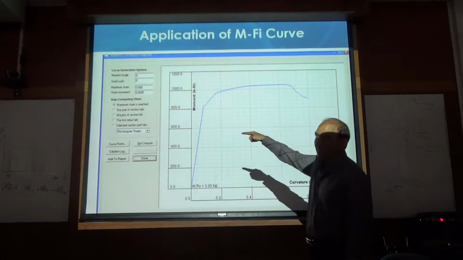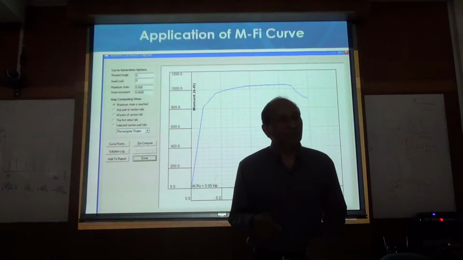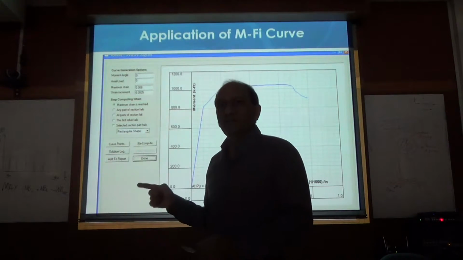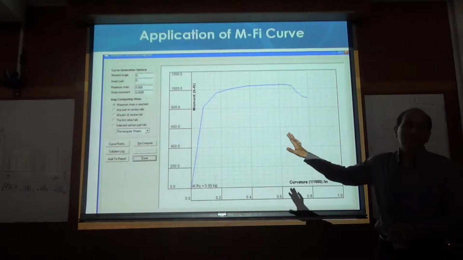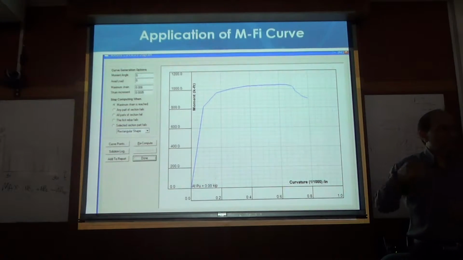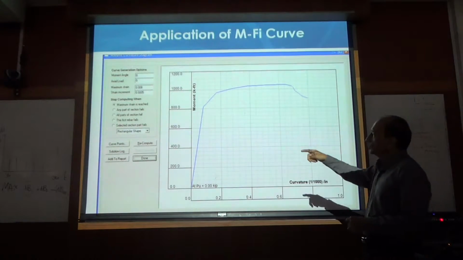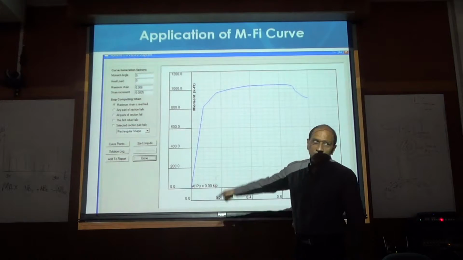So depending upon that, you can actually search the solution, what you're looking for, and draw the moment curvature according to your particular requirements. And this is a very comprehensive program to study many things. It's more like a research program. And then you can select which part of the section should fail.